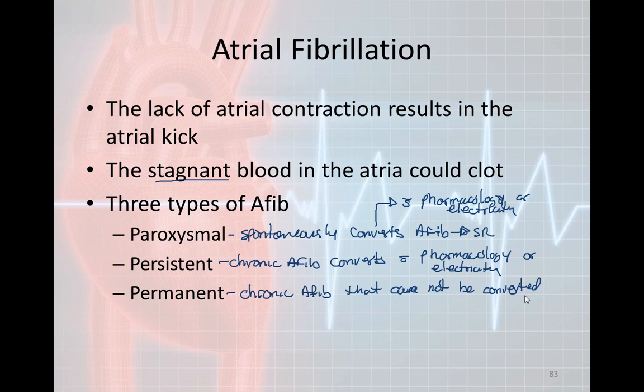And even if it is converted, it goes right back into it. You cannot get out of this AFib and stay out of this AFib. It is a chronic AFib. All they can do is give you some stuff to try to help improve your cardiac output by augmenting the ventricular force of contractions, or they just give you some blood thinners to make sure that you don't develop any clots. So that's the best thing that they can do for that. Those are the three different types of atrial fibrillation.